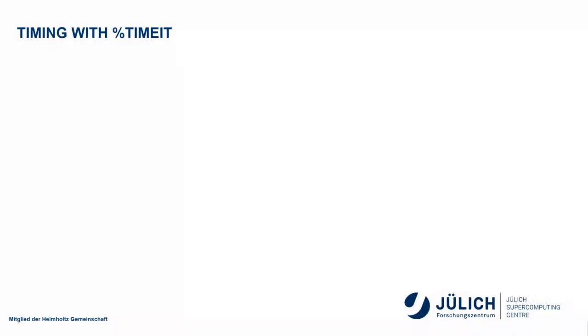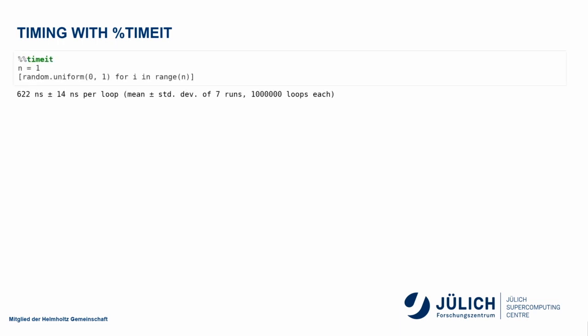One of my favorite magics is actually %timeit. I used it already in the previous notebooks for timing my dot product. %timeit lets you, in this case, take a cell. So it would actually time, for n equal 1, this list comprehension, which generates just one uniform random number, and it takes 622 nanoseconds. How did it come up with this?